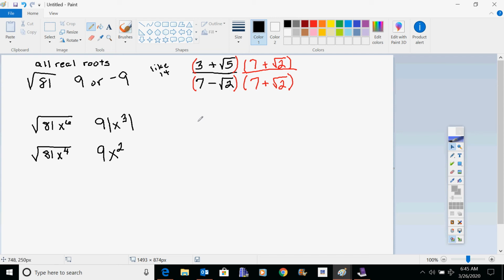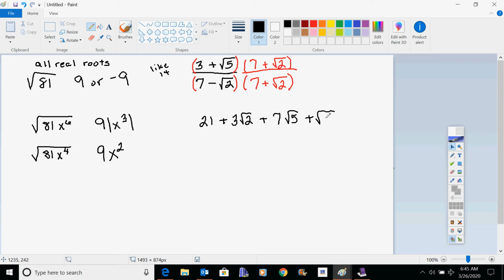If we multiply the numerator, the first 3 times 7 is 21, plus 3 times the square root of 2, plus 7 times the square root of 5, plus the square root of 10.